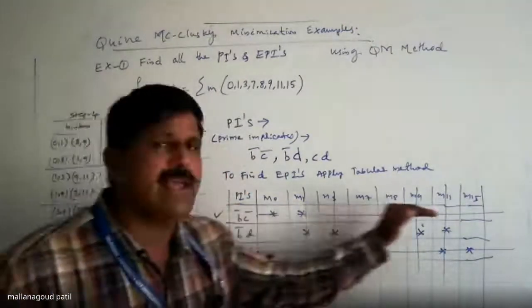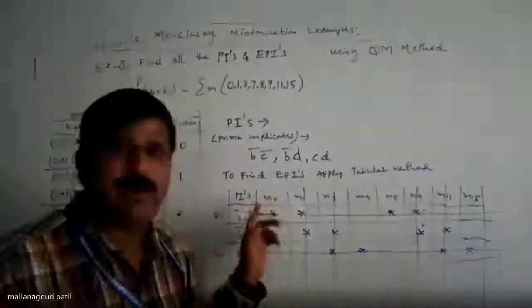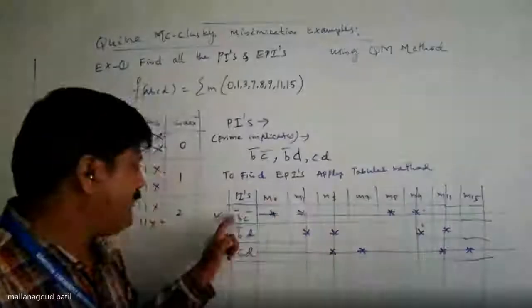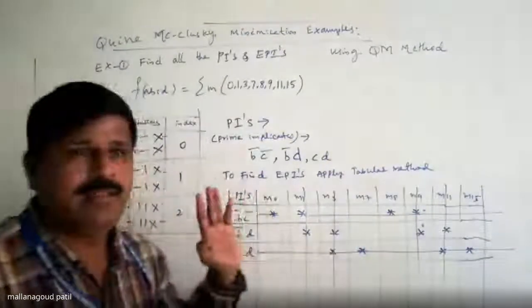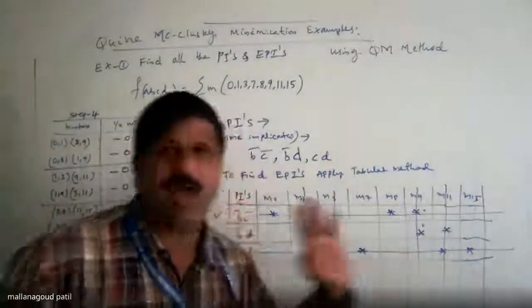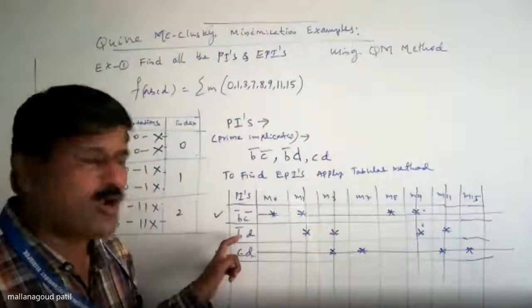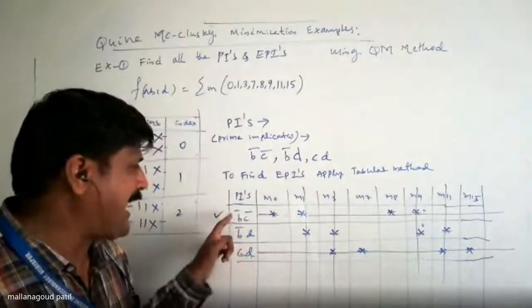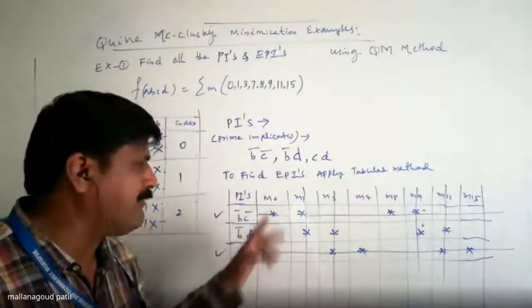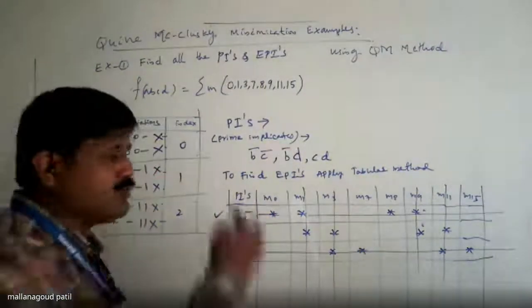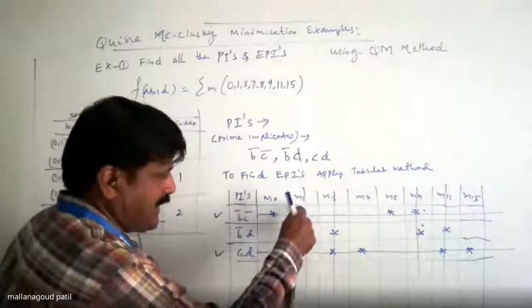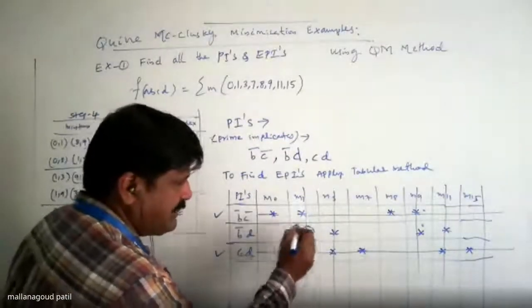Anyhow, if you went in a horizontal line, it will cover all with that line: B bar C bar, that line will cover all; CD, that line will cover all. But along with this, even without considering B bar D, can B bar C bar and CD cover? Yes. You should have a vertical line. M1 vertical line, this is covered.